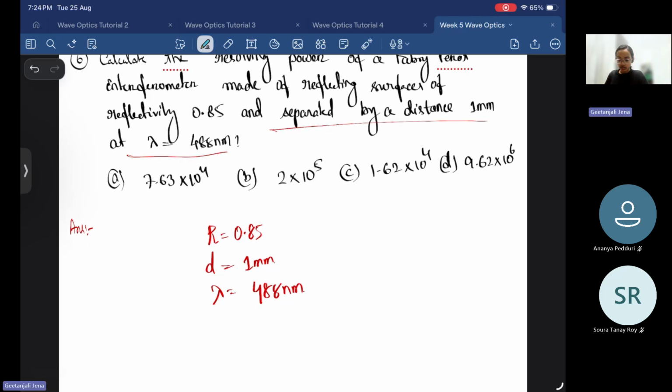Try to recall the expression for the resolving power. Then we'll get to know the answer.